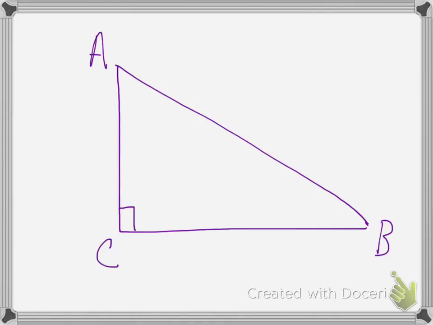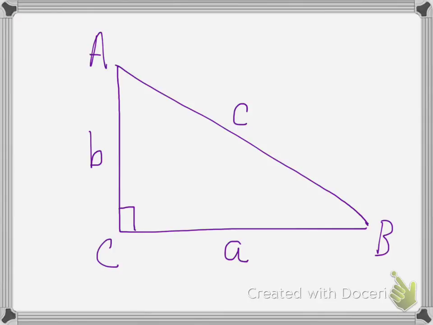And what we're going to do is also label the sides, because the Pythagorean theorem deals with the side lengths. So the side opposite angle C, right here, we're going to call side C. And the side opposite angle B, we're going to call side B. And then the side opposite angle A, we're going to call side A.